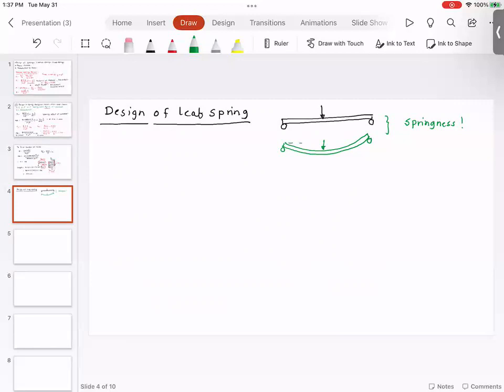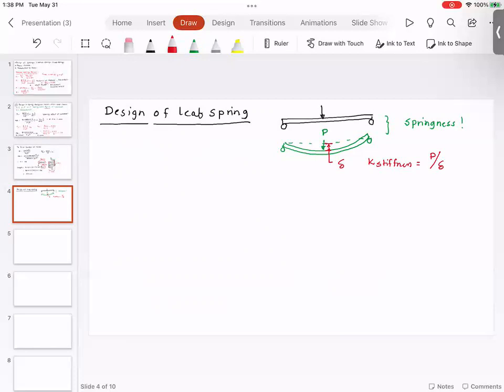If you look at the mechanics of materials equations, if you have a simply supported load P, and if you have this deflection, which I'm going to call delta, then the stiffness of the leaf spring is P divided by delta. So what is the load applied and what is the corresponding deflection?